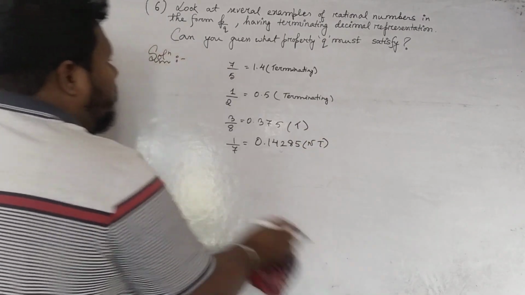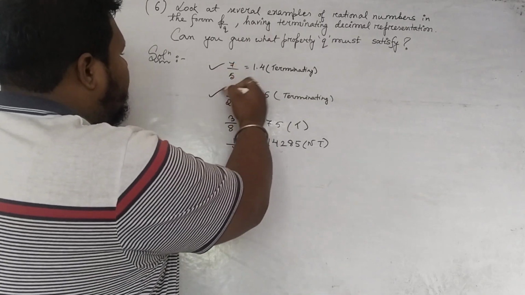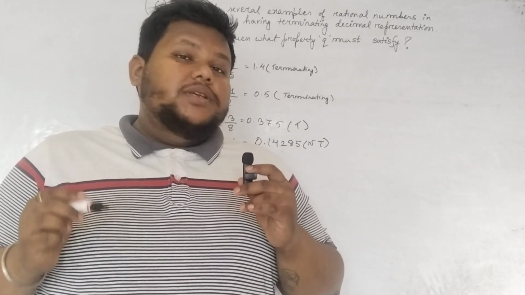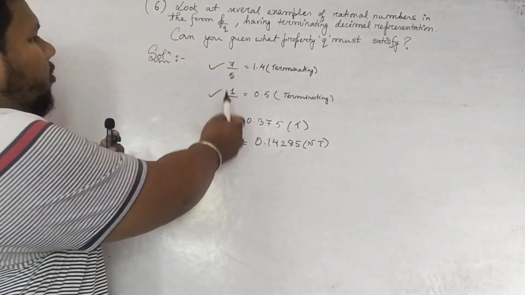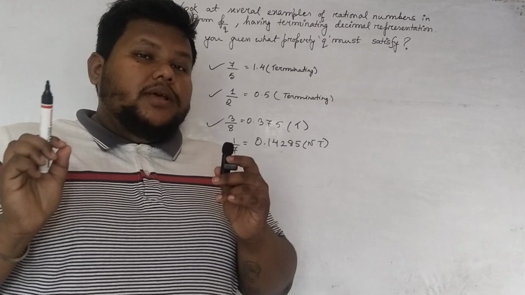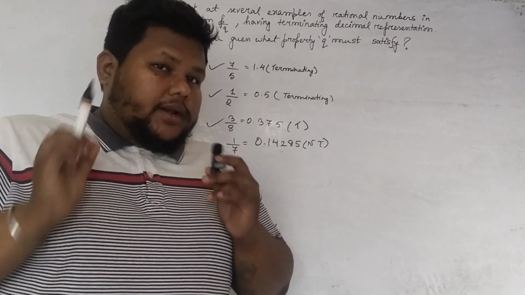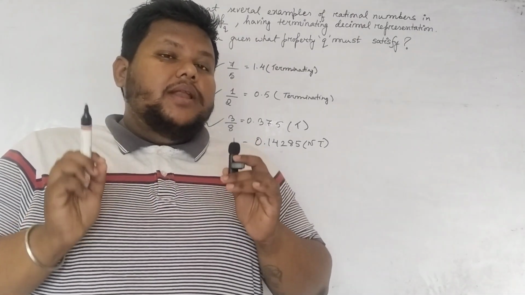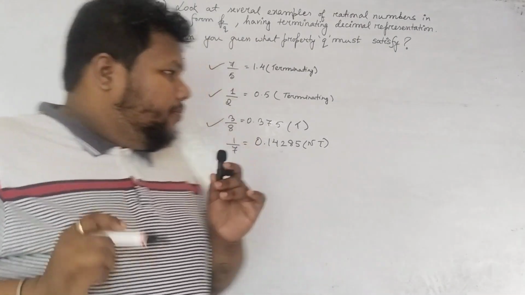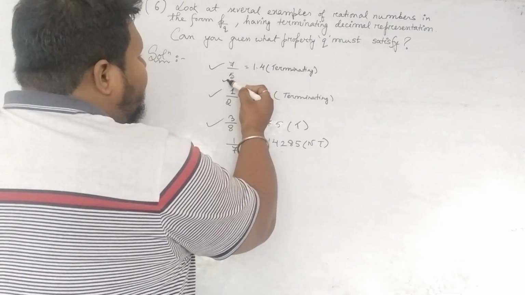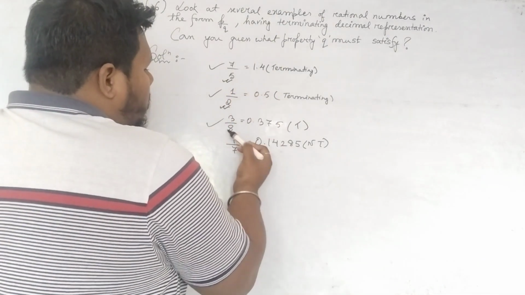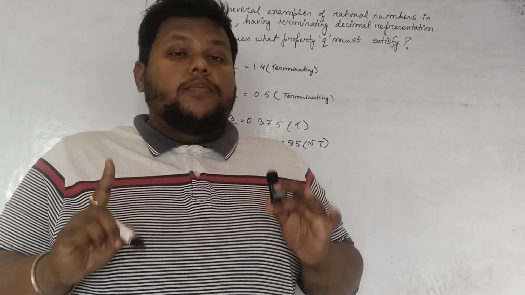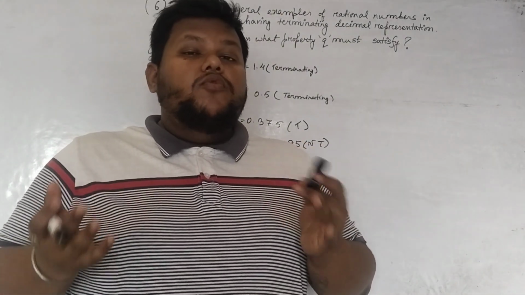Now what have you seen common here? These are all terminating. Between these terminating rational numbers, what have you seen common? They are asking the property of q, right? So let me tell you something very important. For a rational number to have terminating decimal, q is either a power of 2, or a power of 5, or a combination of power of 2 and 5.